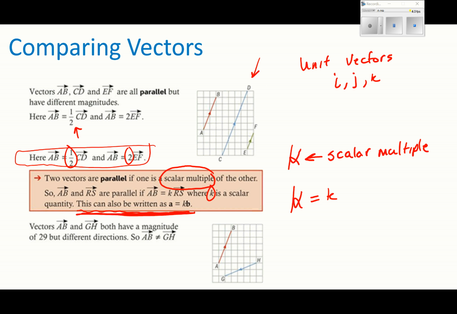Or again, another notation. The bold a and the bold b are another way to represent vectors.